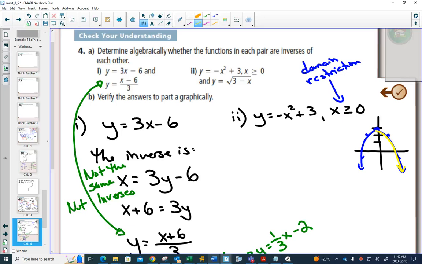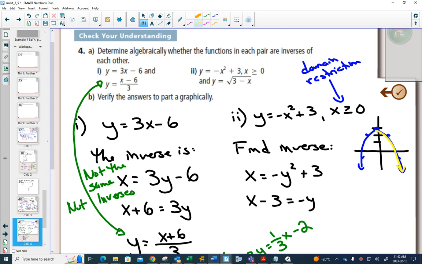If I want to find the inverse algebraically, I switch x and y. I want to get the y squared by itself, so first of all, I'll move the 3 over. Then multiply both sides by a negative.